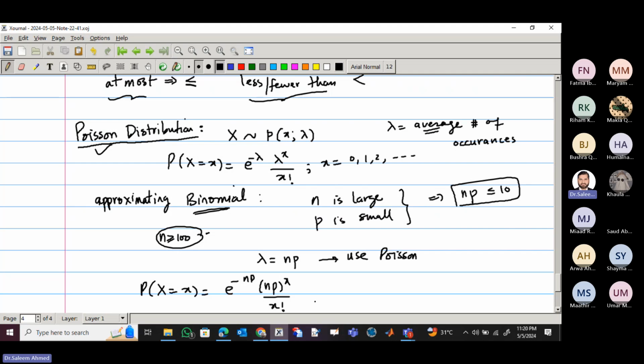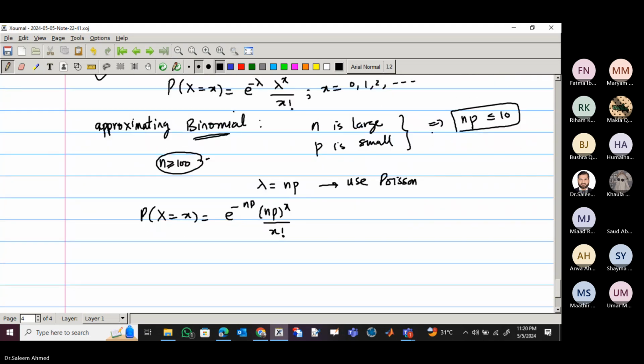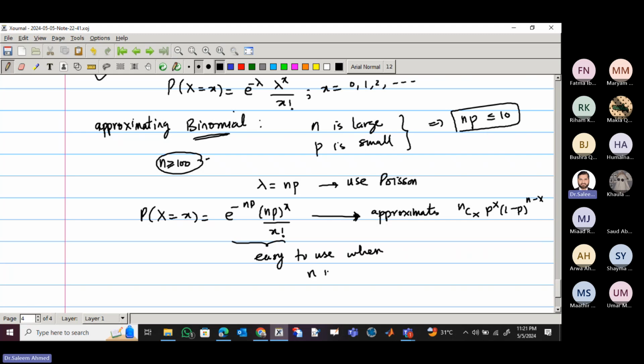This approximates your formula nCx p to the power x, 1 minus p to the power n minus x. They both will give you the same answer. When n is very large, this is easy to use, so that's why we prefer this one.